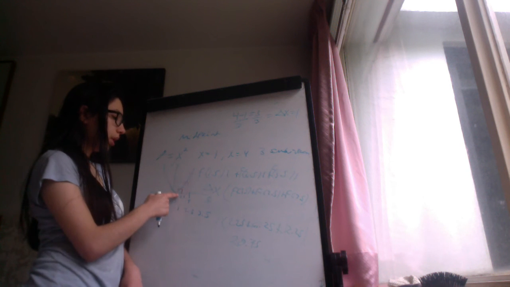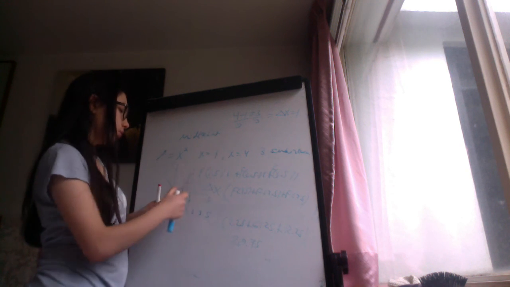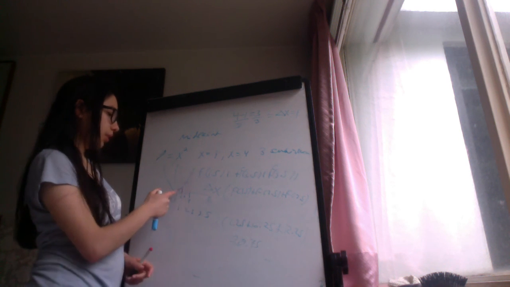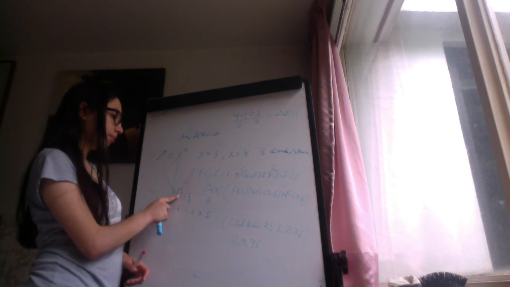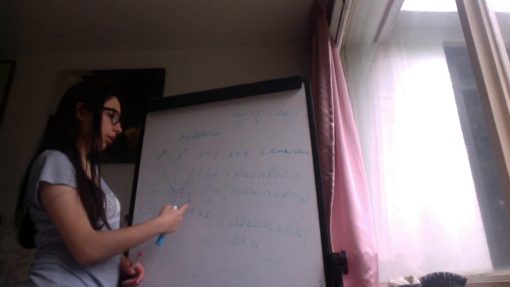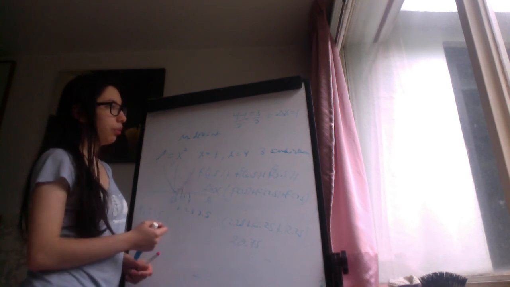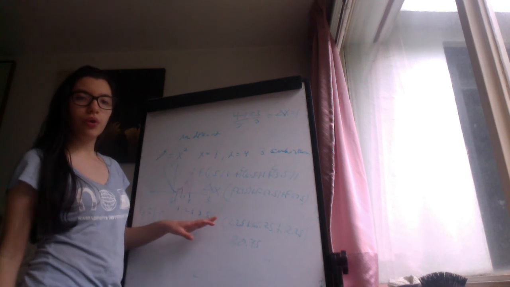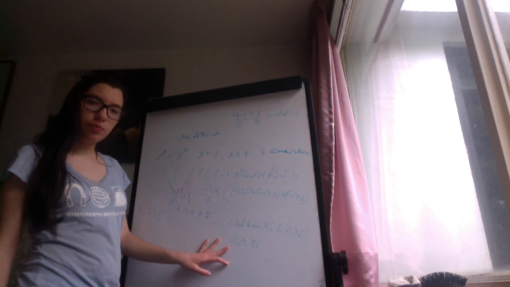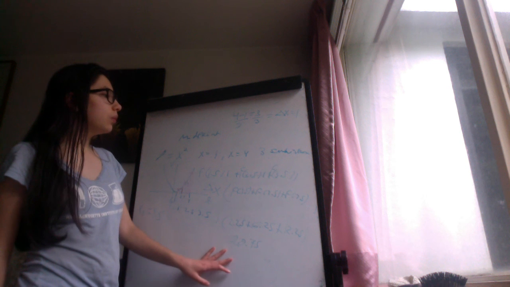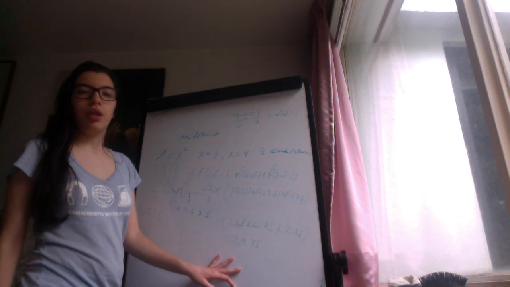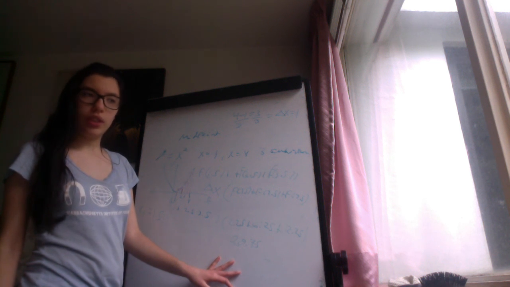The next one will be delta x, that is 1 unit, to the right of the midpoint, so 1.5 plus 1 is 2.5, and 2.5 plus 1 is 3.5. So this is the Riemann sum for midpoint. Now in the next video we are going to talk about how to express a right, left, or midpoint Riemann sum with sigma notation.